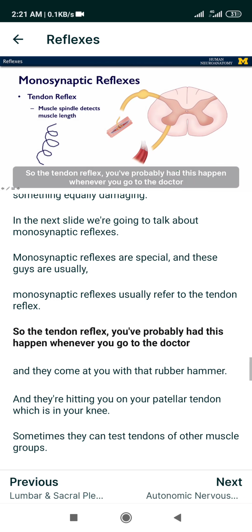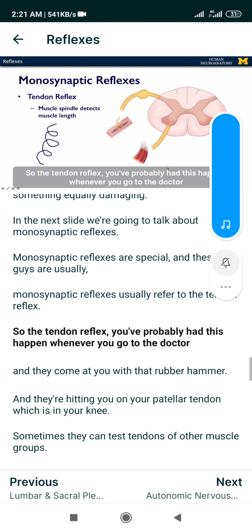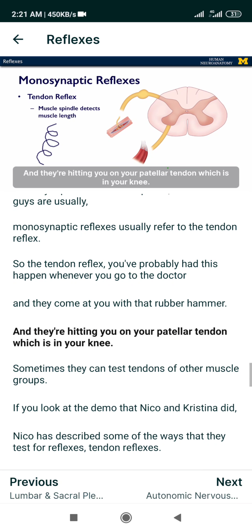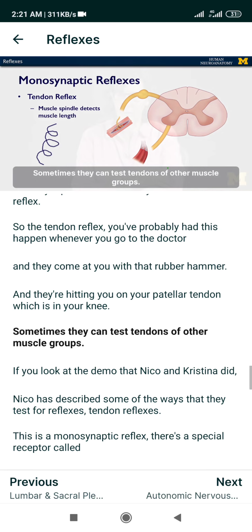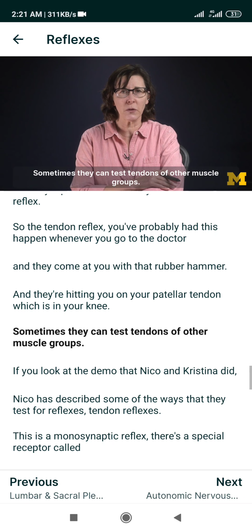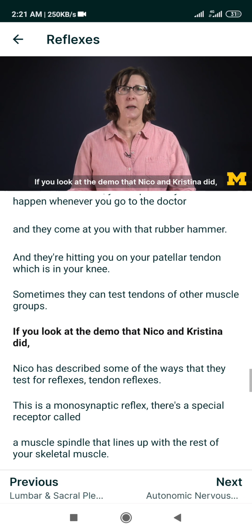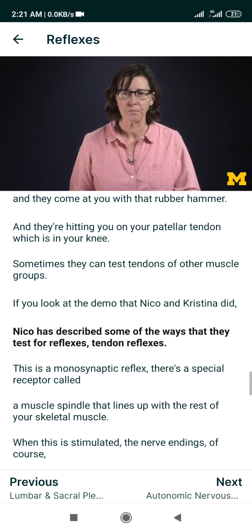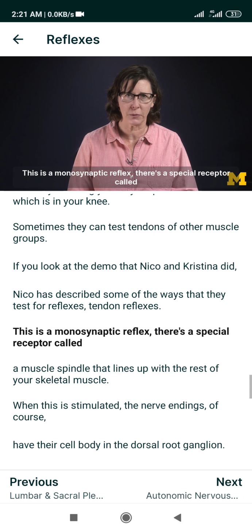So the tendon reflex, you've probably had this happen whenever you go to the doctor and they come at you with that rubber hammer, okay? And they're hitting you on your patellar tendon, which is in your knee. Sometimes they can test tendons of other muscle groups. If you look at the demo that Nico and Christina did, Nico has described some of the ways that they test for tendon reflexes. This is a monosynaptic reflex.